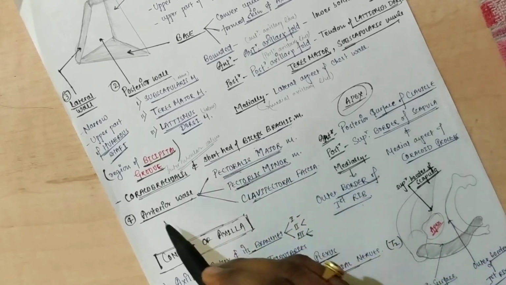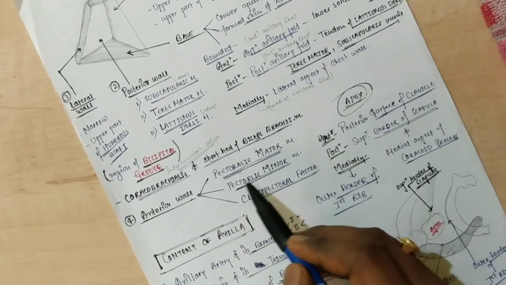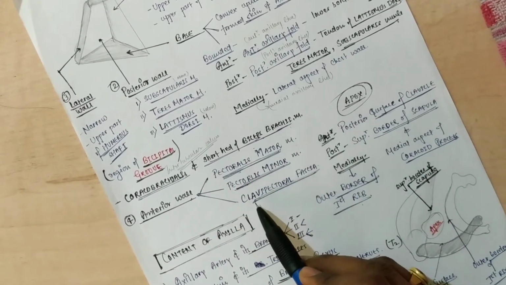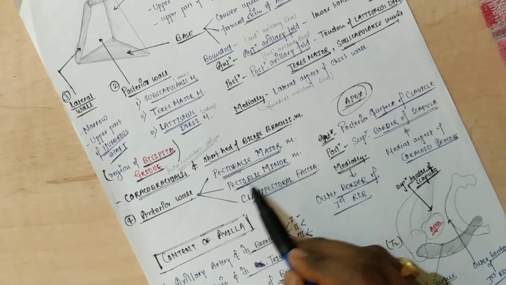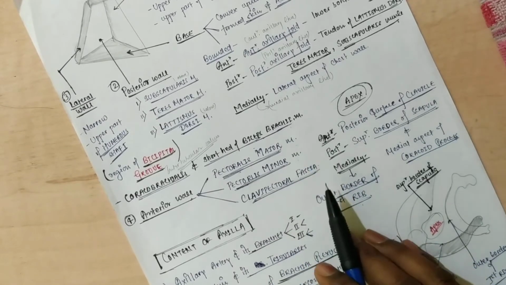So guys, in the anterior wall we have three structures: pectoralis major, clavipectoral fascia, and pectoralis minor.